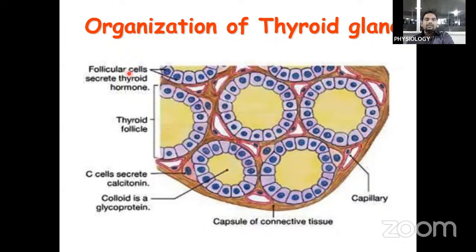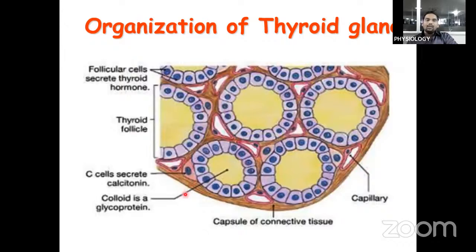Now, these follicular cells generate the thyroid hormones, and in addition, there are parafollicular cells present near the follicular cells. They secrete calcitonin. The main role of calcitonin is to regulate the calcium ion in our body, and it also helps in lowering the calcium level.